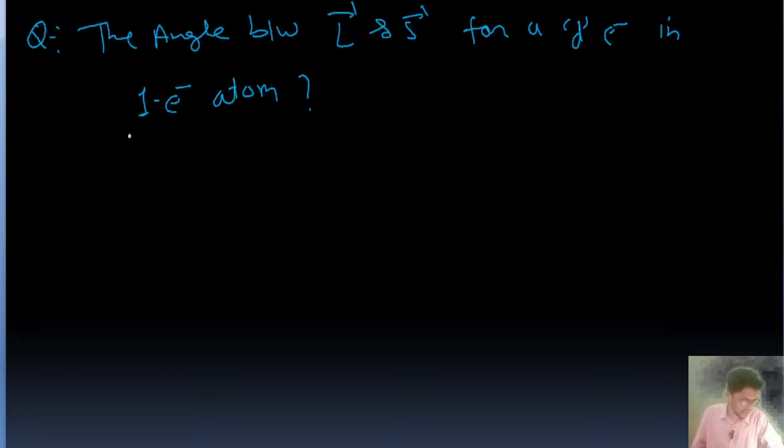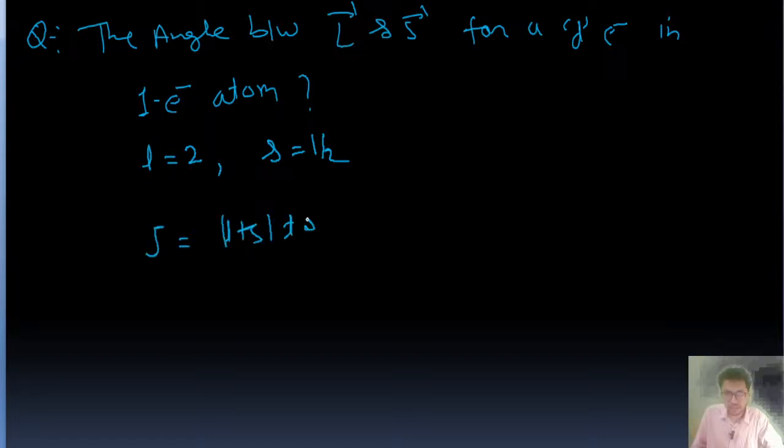Okay, so we have a d electron, which means L equals 2 and S equals half. And we'll find the j values, which are going to be L plus S to mod L minus S, right? So the j value is going to be 5 by 2, comma 3 by 2.